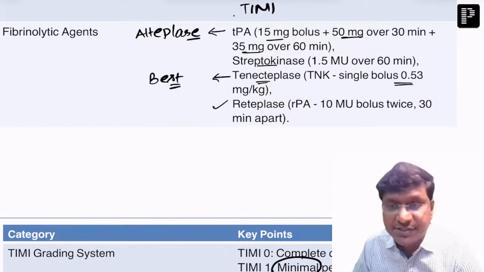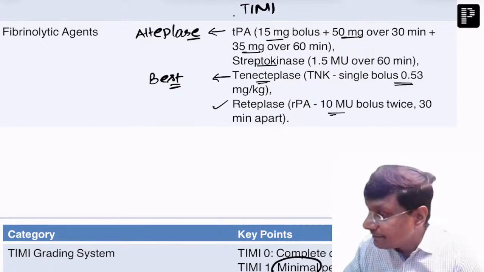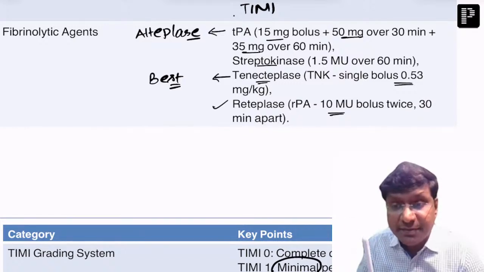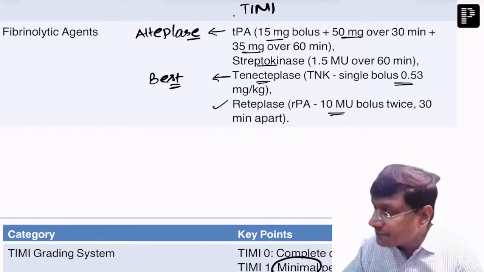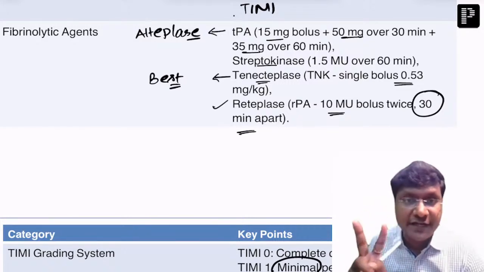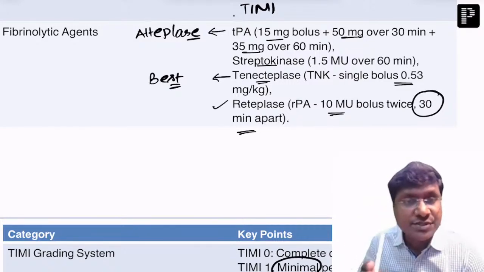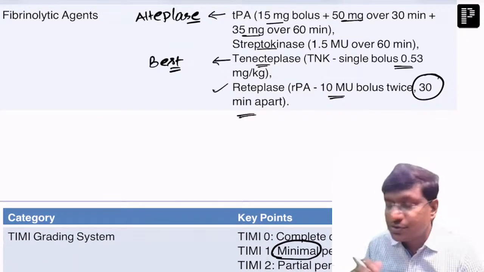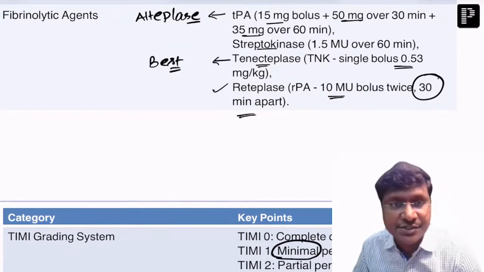Next is reteplase. Reteplase, you need to give 10 units as a bolus, and after 30 minutes, you need to repeat it. So 2 doses should be given, 10 units bolus, then after 30 minutes, another 10 units. So that is about the dosage of the fibrinolytic agents, right?